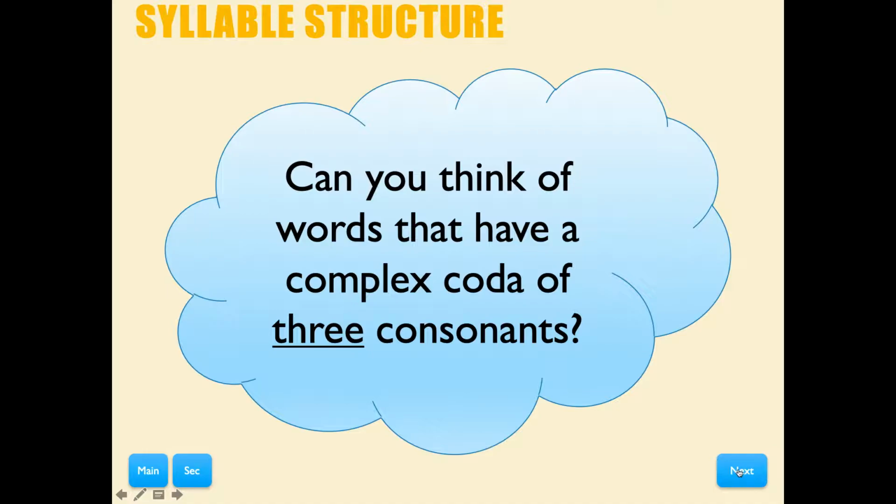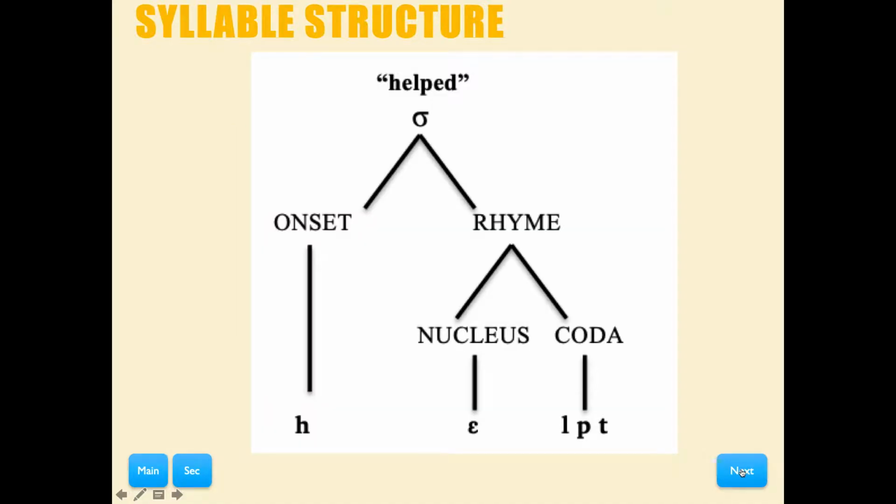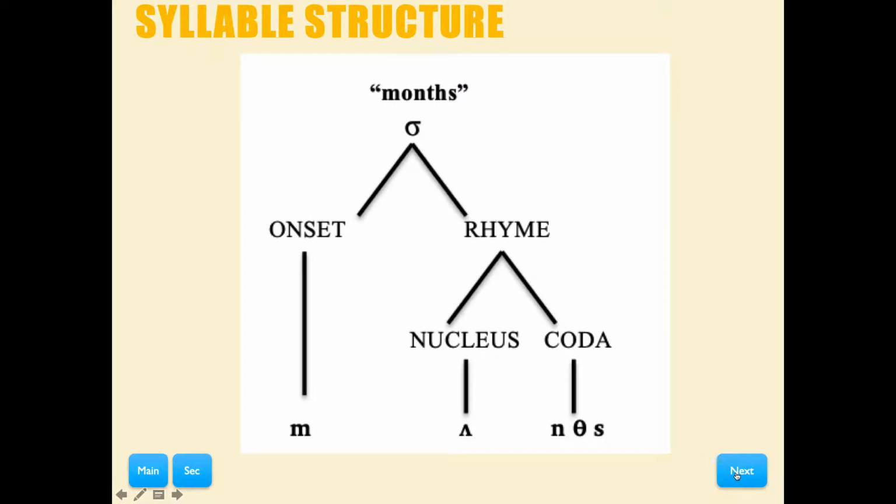So let's see some examples that you may have gotten. Okay, we have the word helped. It has a coda of more than 2 consonants. It has 3 consonants in the coda position, helped. We have also the word months with 3 consonants in the coda position.